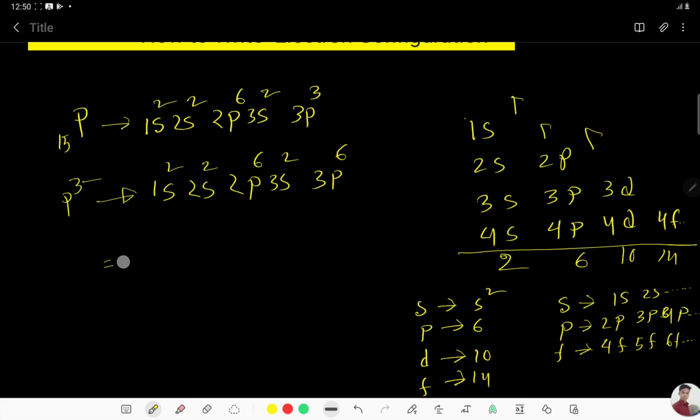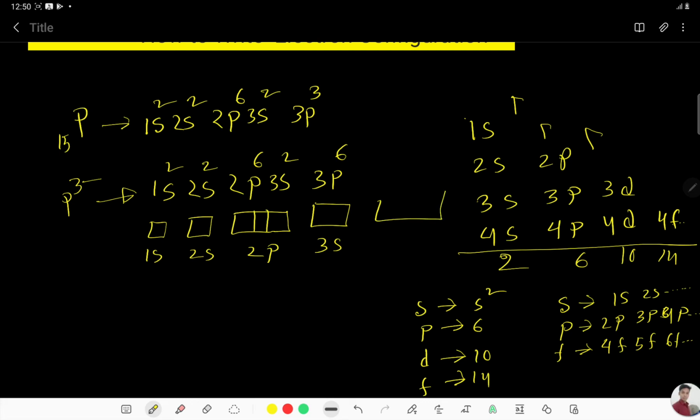So if you draw the orbital diagram for the phosphide ion, then you have to draw like this: 1s, then 2s, then 2p, then 3s, then 3p. For 1s, you have to place here 2 electrons with opposite direction, and for 2p you have 6.